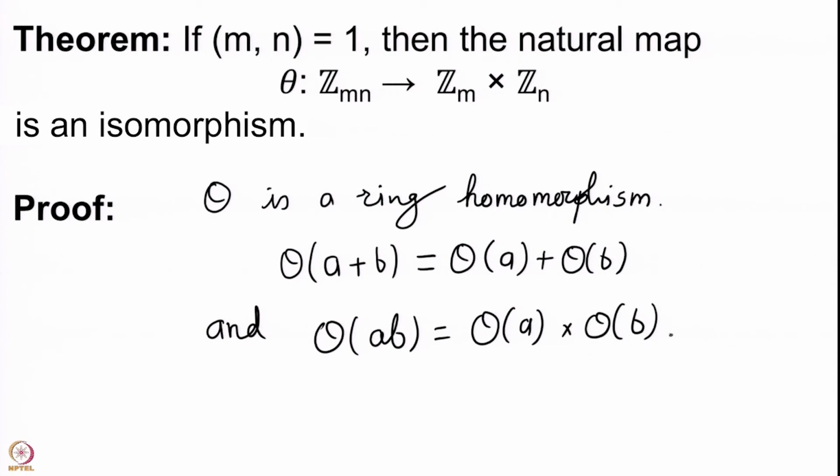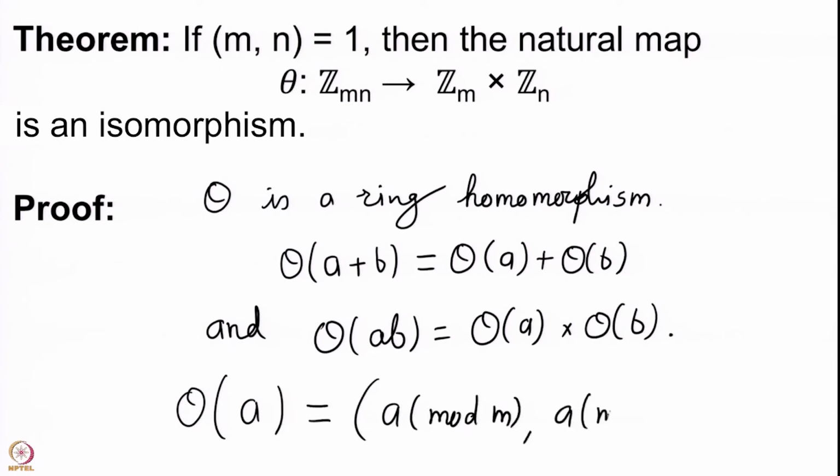We will not prove this, but this is clear because of how we have defined theta: by taking A modulo m and A modulo n. There is also the small thing of showing that theta is well defined, because here I start with a residue class of A modulo mn, and the same residue class may be given by another element B coming from natural numbers.